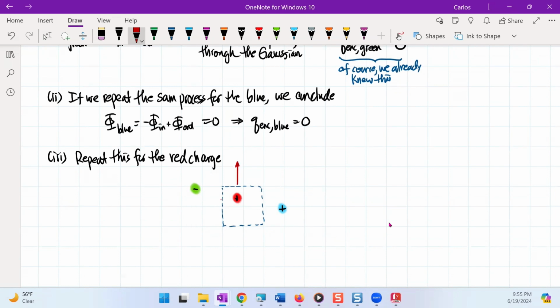This guy is probably going to be the exact same magnitude because it's the same distance. This one should be smaller, and this one should be a little bit bigger, but that's the flux. So when I count the field lines, we could then say that the flux of the red equals 4 lines going outwards.